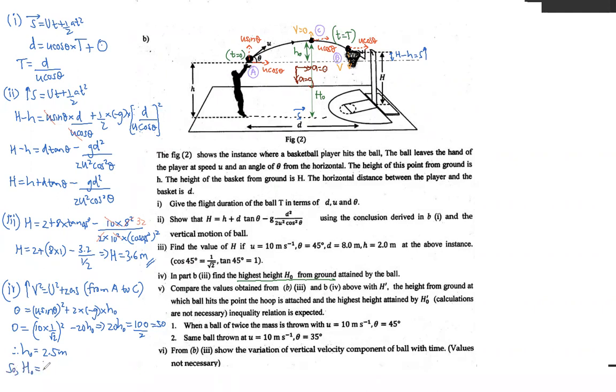Capital H naught is equal to simple H naught plus H, and that is 2.5 plus simple H, which was given as 2. The answer is 4.5 meters. That is going to be the final answer. Clear? Right. And then Roman 5.